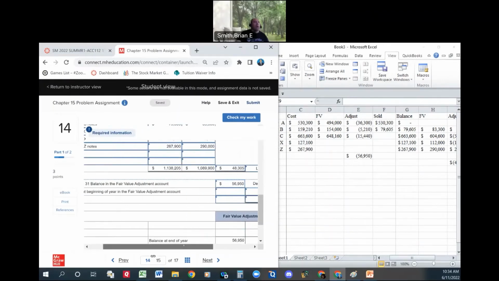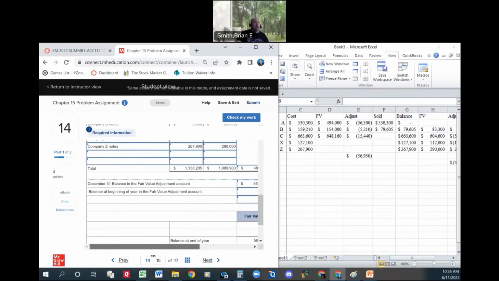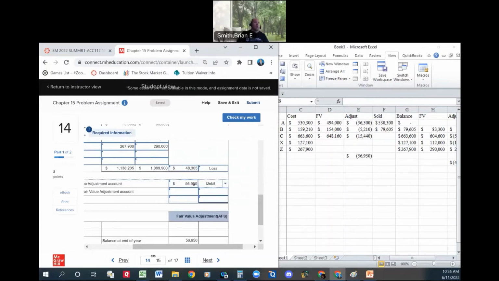Oh, wait. Balance at the beginning of the year, fair value. Okay, so they basically wanted me to translate this down here. Still a debit. And then we're going to have 56,950 debit. So what do we need to do to get it to be the right amount? We need to credit it the difference. So what's the difference?